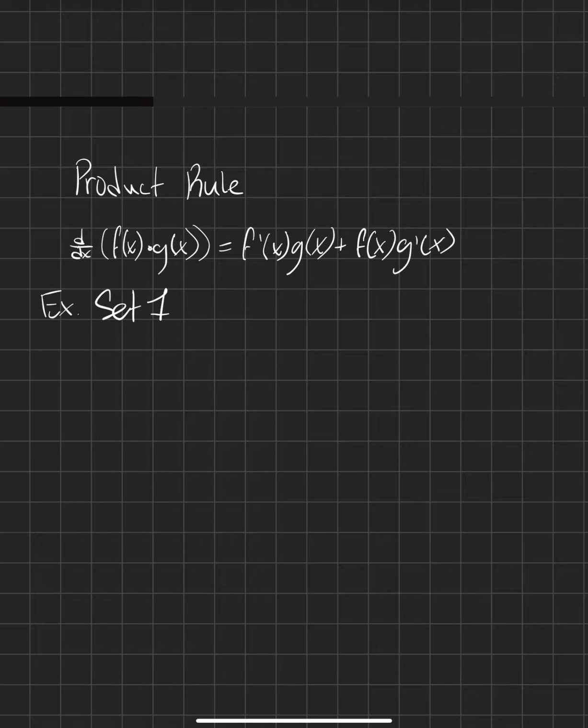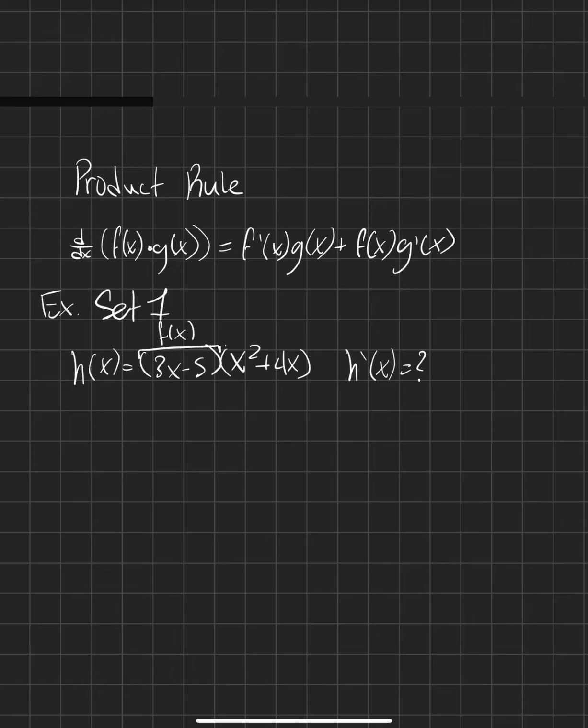So let's say we have this function h of x here, right? And it's going to be 3x minus 5 multiplied by x squared plus 4x. And we want to know what h prime is. So the way that we would go about this, at least how I envision it, is I break this down. I want this part to be my f of x function, and I want this part to be my g of x function, right? Doesn't really matter whichever one you do.